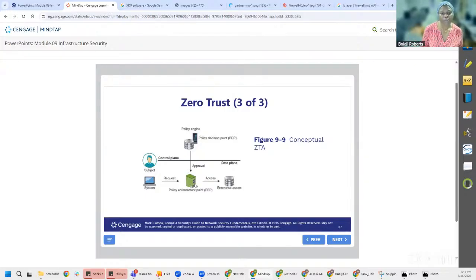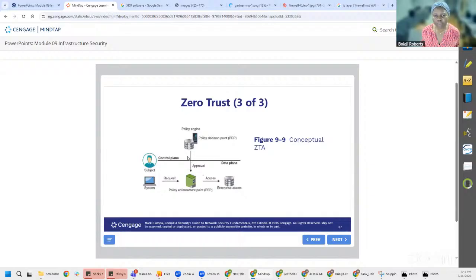So the subject comes and says, I need access. The policy enforcement point says, okay, let me check with the policy decision point, so that the policy decision point will tell me what I need to check on your system to see whether or not you deserve access.